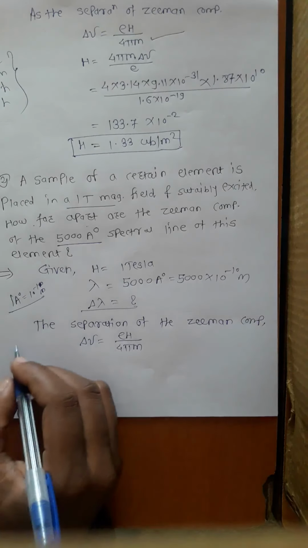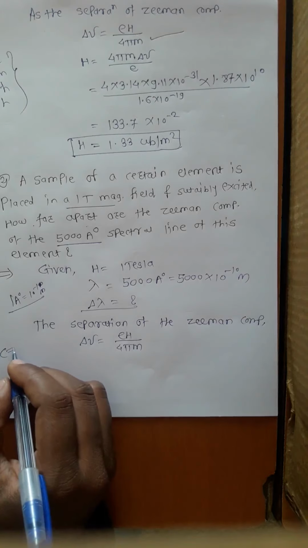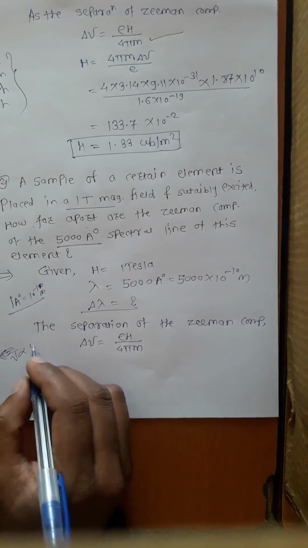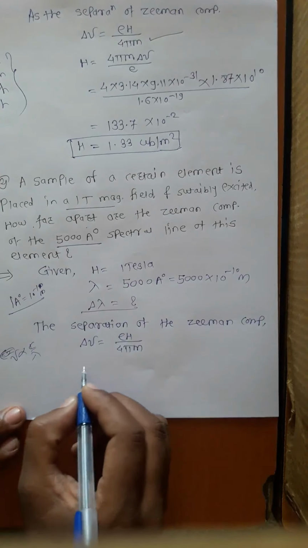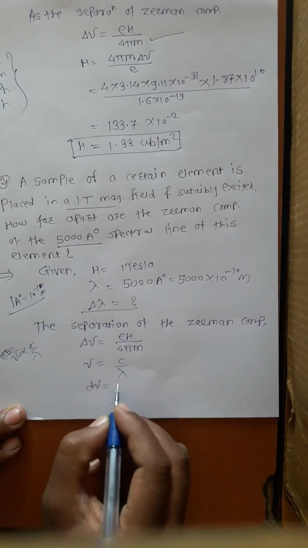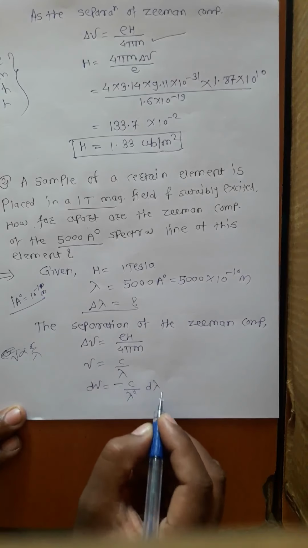Because frequency is the reciprocal of wavelength, nu is equal to C upon lambda. Therefore d nu is equal to minus C upon lambda square into d lambda.